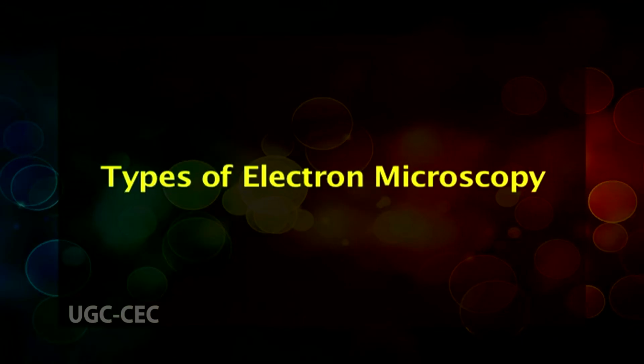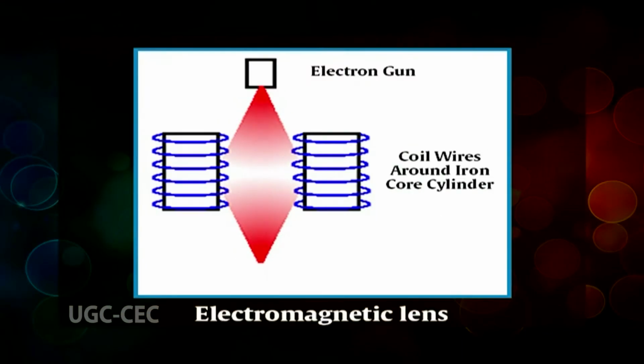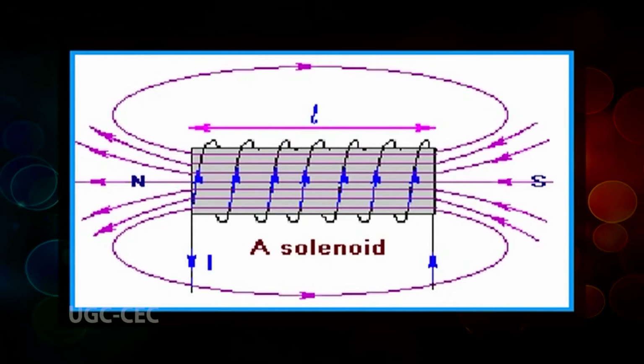Types of electron microscopy. All electron microscopes use electromagnetic or electrostatic lenses to control the path of electrons. The basic design of an electromagnetic lens is a solenoid, a coil of wire around the outside of a tube through which one can pass a current, thereby inducing an electromagnetic field.